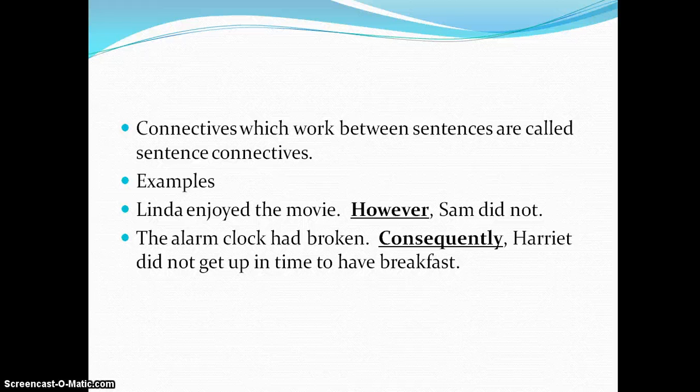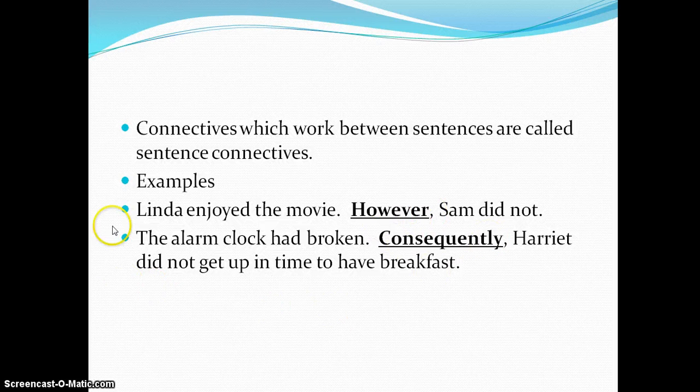When connectives join together sentences, when they work between sentences, they are called sentence connectives. Remember, the first one we talked about was conjunctions, and now we're talking about sentence connectives. We have however, and consequently.